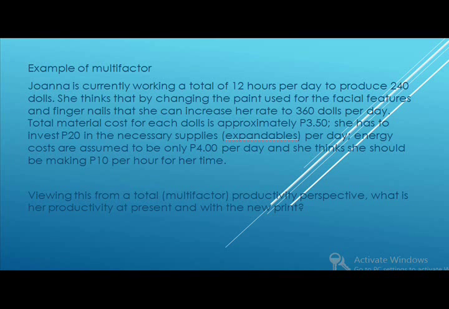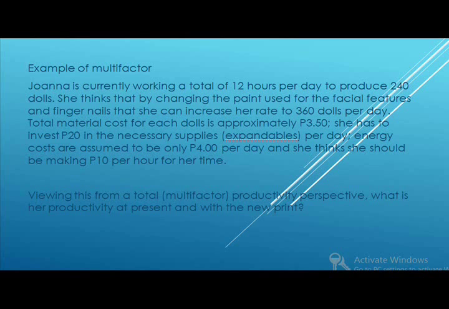Joanna is currently working a total of 12 hours per day to produce $240. She thinks that by changing the paint used for the facial features and fingernails, she can increase her rate to $360 per day. Total material cost for each doll is approximately 3.50 pesos.